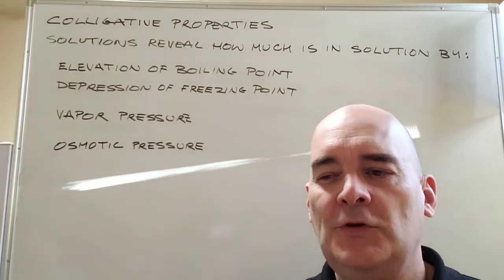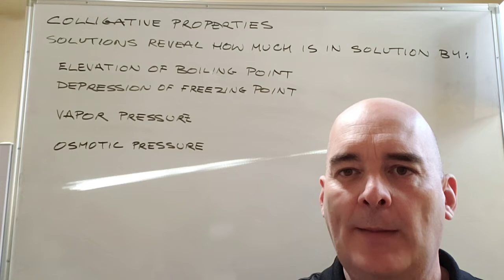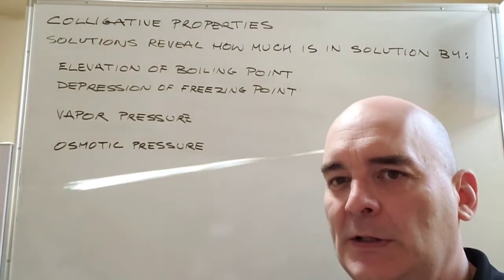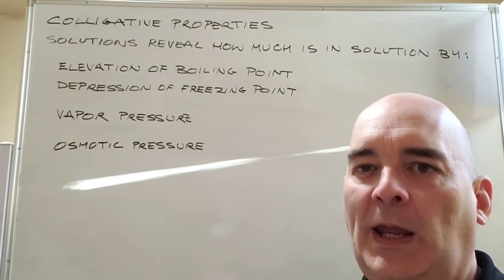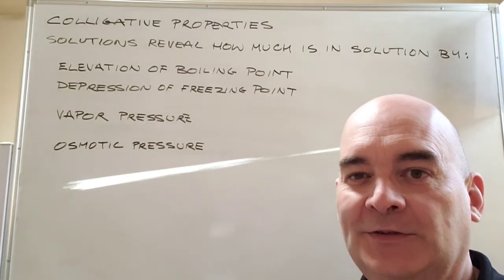So, knowing that more solute changes the number, could we just reverse that? And if we look at the numbers, find a way to figure out how much solute there is?